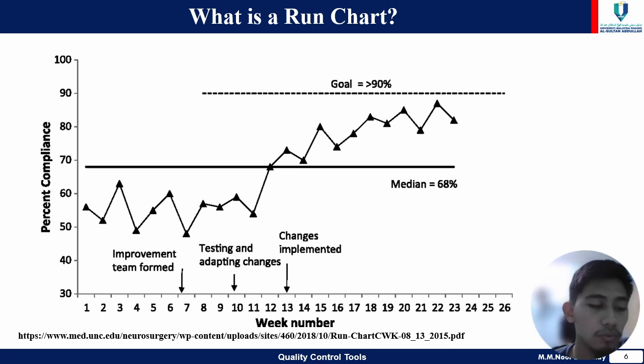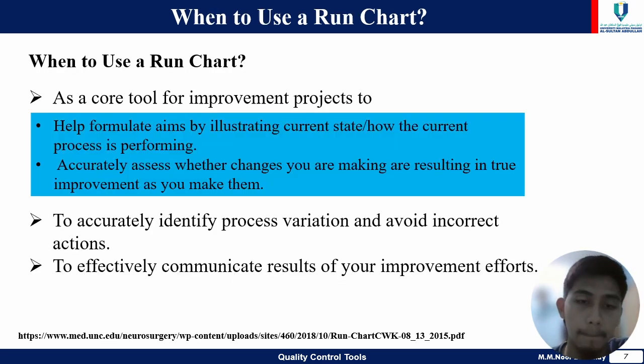Once the changes were fully implemented, performance increased and moved closer to the goal of over 90% compliance. This chart proves that run charts are useful to track progress and measure the impact of improvements over time.